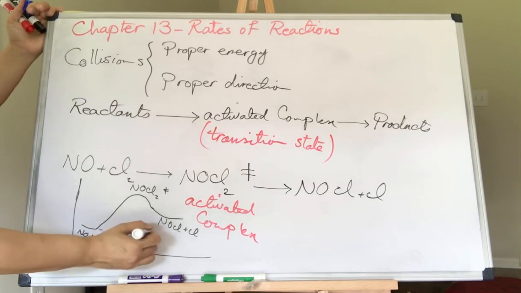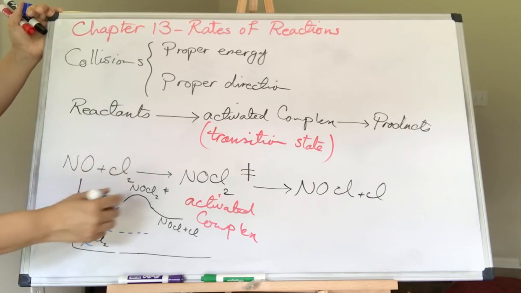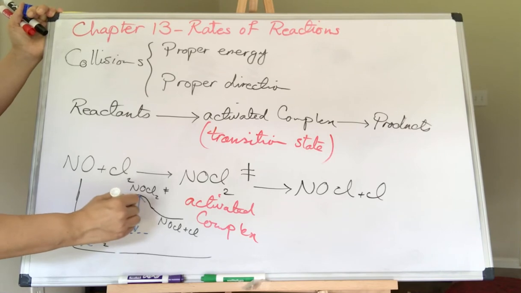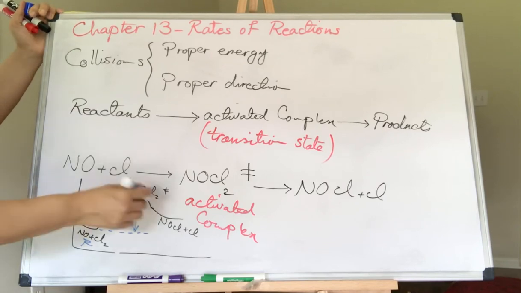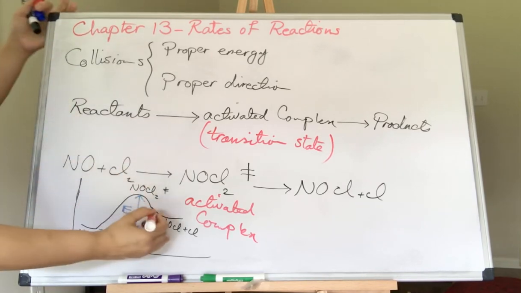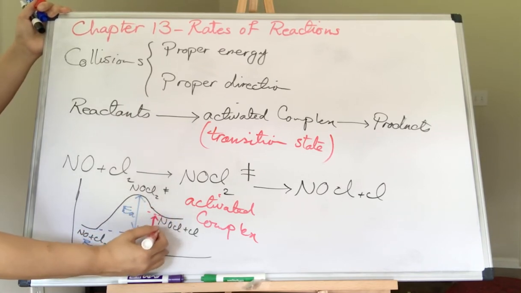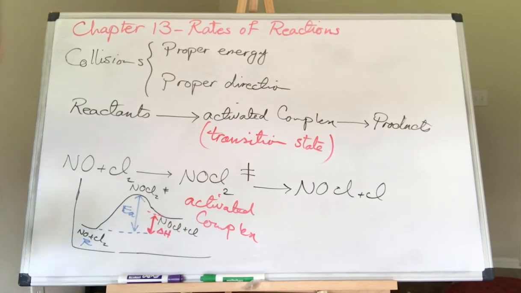The distance between the energy level of reactants and the activated complex is called activation energy. And the distance between the energy level of products and reactants is the delta H, or heat of reaction.